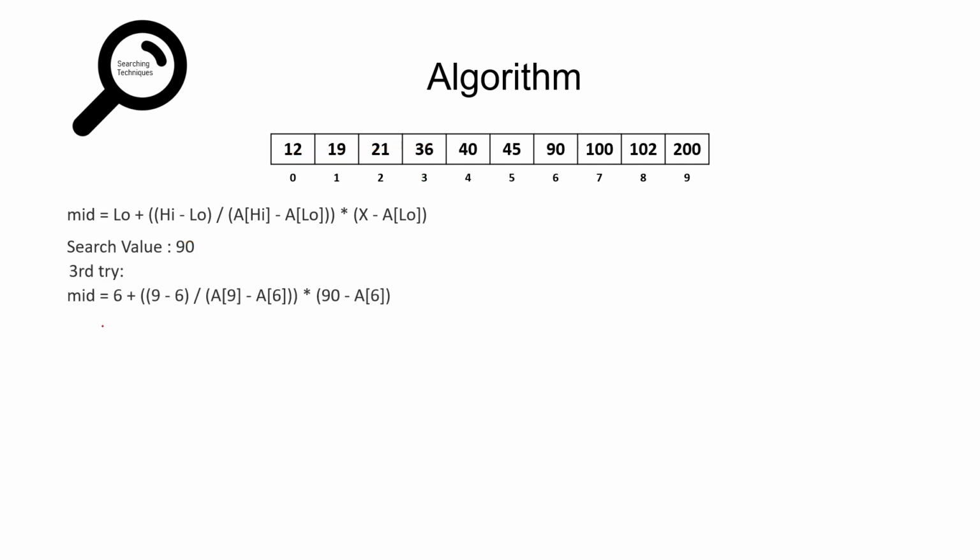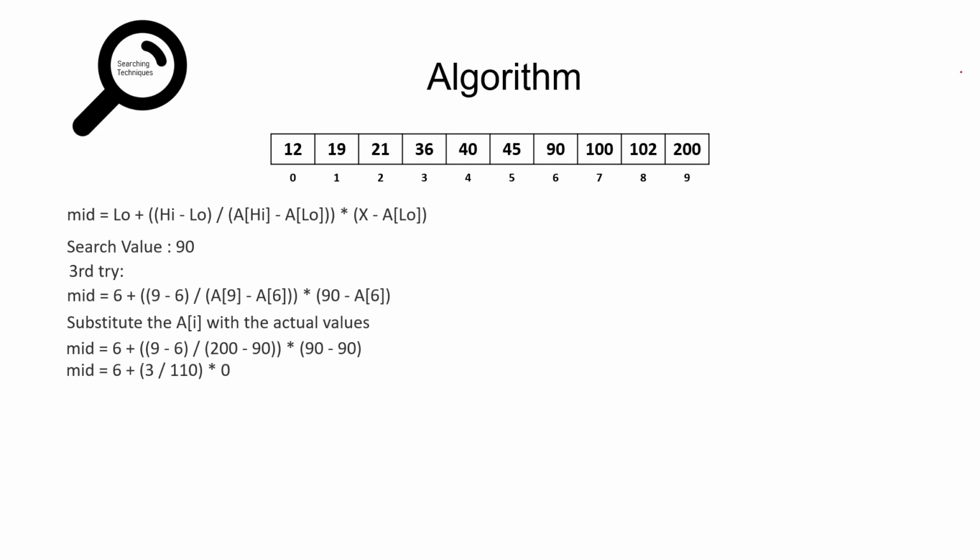So, 6 plus 9 minus 6. A with index 9 minus a with index of 6 times 90 minus a with index of 6. Substitution again. So, 9 minus 6, divided by 200 minus 90, that's it, times 90 minus 90, and we do the math.